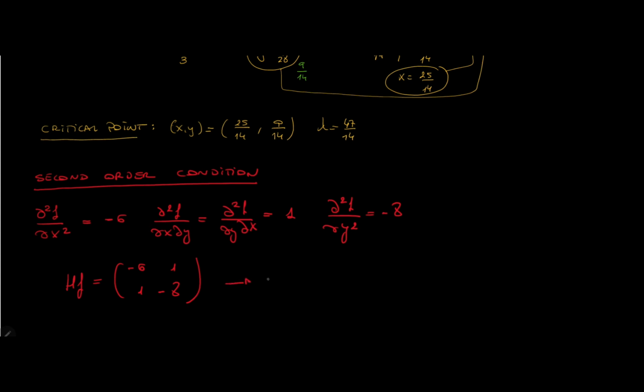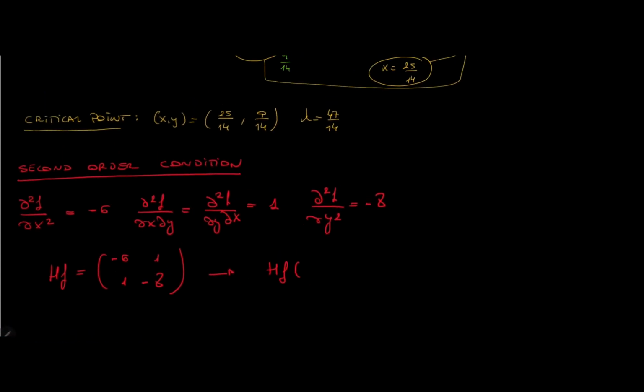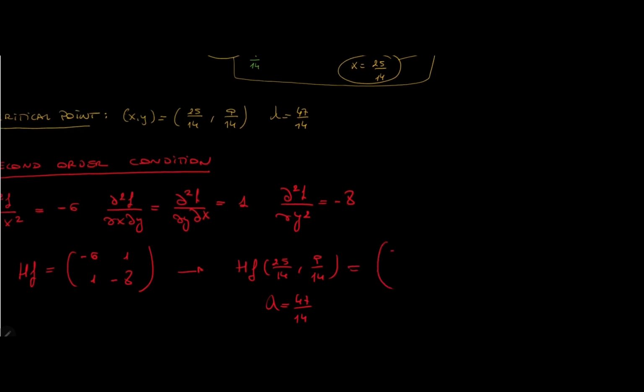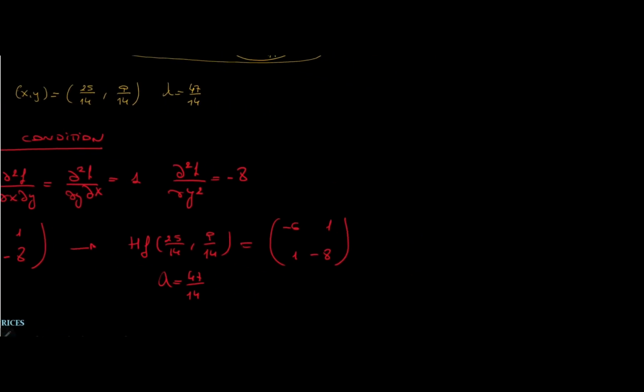And if I substitute the current critical point 25/14, 9/14, with this multiplier 47/14, then it's the same matrix, nothing to substitute.